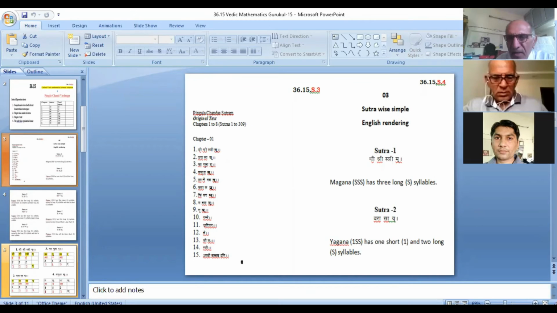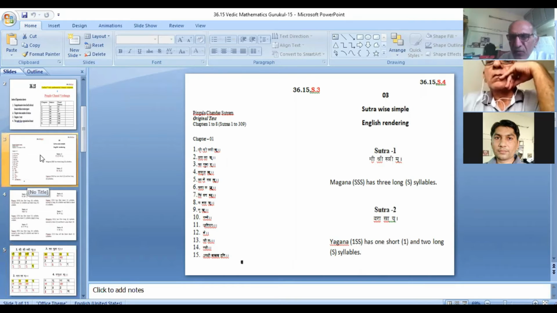So it is actually a triple application of the elongated second vowel. So when we write Ma Gana, that would mean we are having triple long syllables. In terms of the values, it is as if we are having triple two. So two and two and two is going to be the expression.